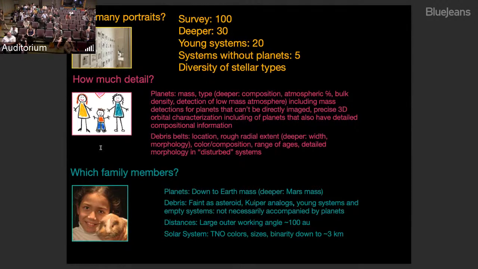This is a much broader point to everyone: the hardest part of a science traceability matrix is that exact jump between a quantity and the precision on that quantity to prove or disprove a hypothesis. Hopefully we have some more chance to talk about that tomorrow when we're thinking about community activities on how we work together to jump from the quantity to the precision we need, because that will really help the requirements flow down for observatory preparation.